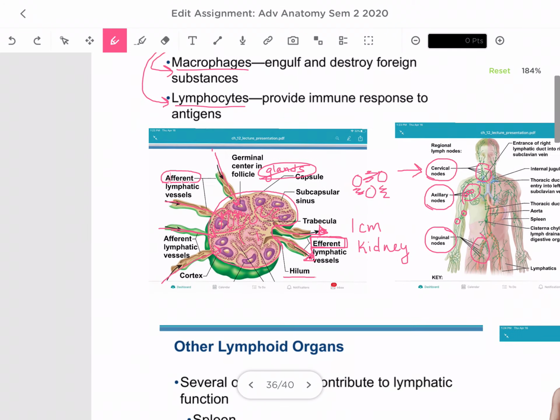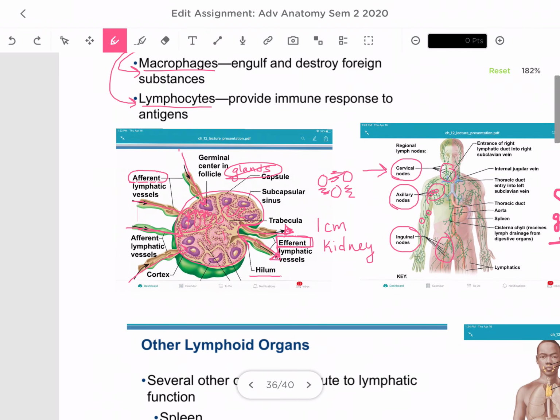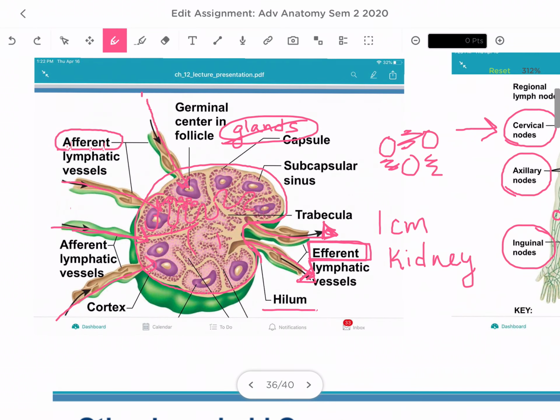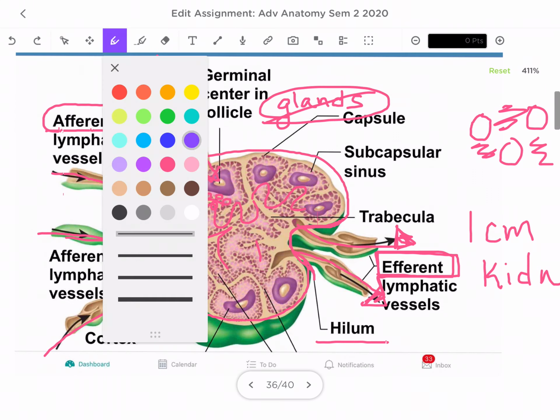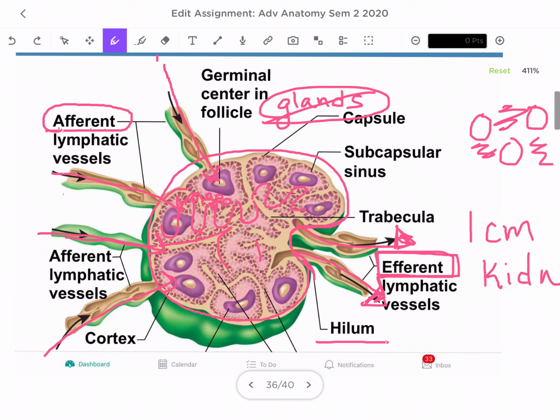And if we go down a little bit further, I'm just making sure I didn't forget anything. Oh, one thing I want to tell you. Look at how many afferent vessels there are. Let me change colors. Look at how many arriving afferent vessels there are. There's 1, 2, 3, 4 afferent vessels.